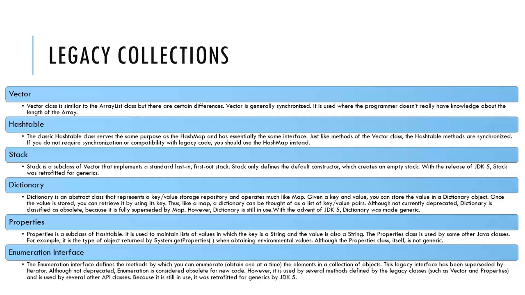The Hashtable class and the Stack class do not have alternatives in new versions of Java. Also, the Dictionary class was superseded by Map, and there is the Properties class, and the Enumeration interface, which was superseded by Iterator in Java.